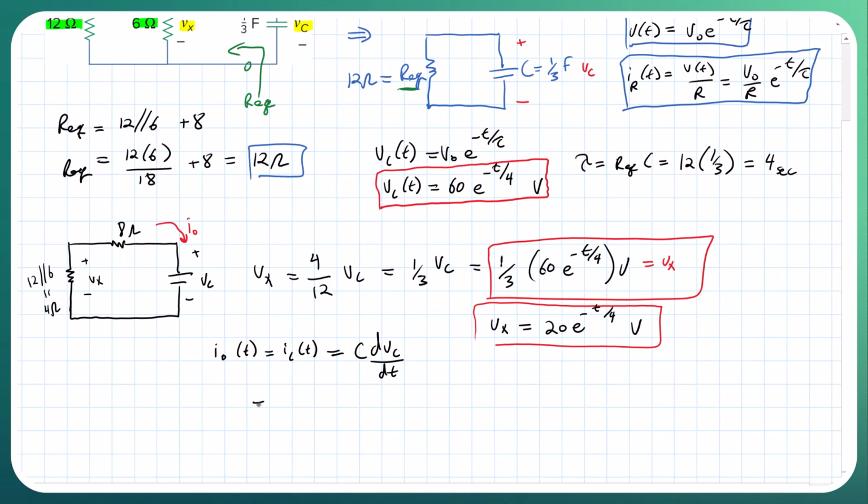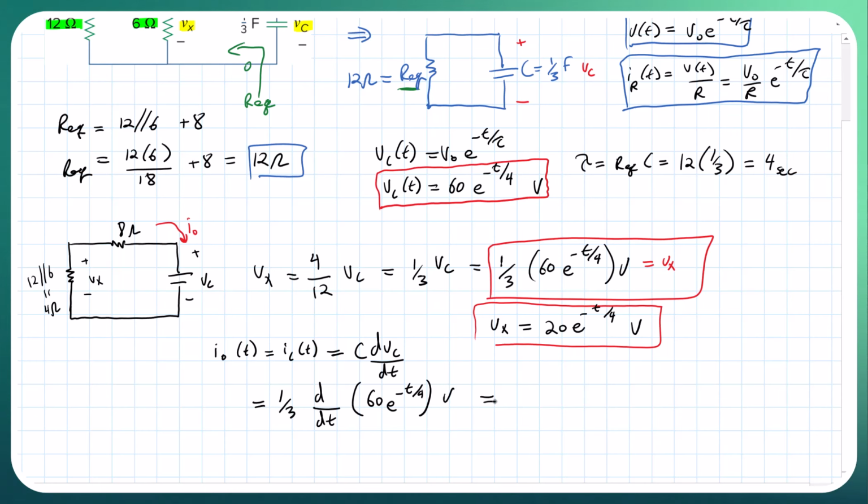So if we rewrite this, that's going to be 1/3, which is our C, d over dt. And our VC is going to be 60 e to the minus t over 4, and that's the voltage there in volts.